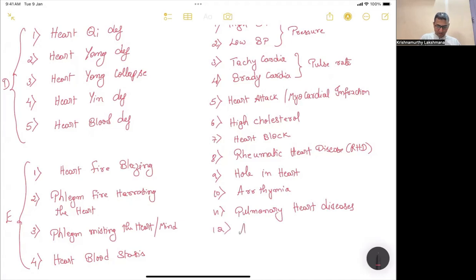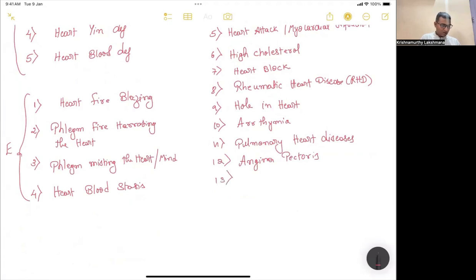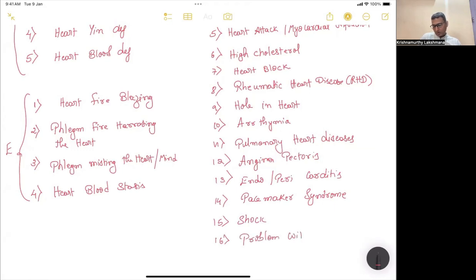There is angina pectoris, that is pain in chest. Endocarditis and pericarditis, pacemaker syndrome, shock, and problem with valves.